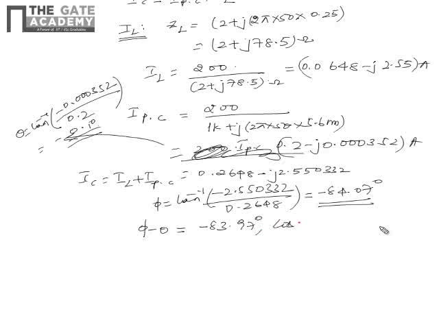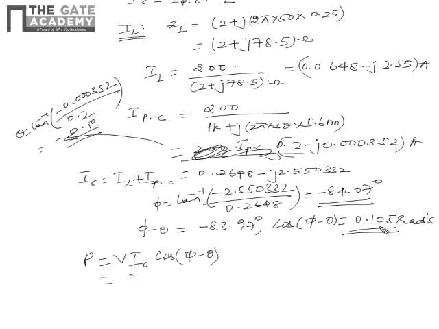So the cos of phi minus theta is nothing but 0.105. We know the power dissipated is nothing but V into IC times cos of phi minus theta.